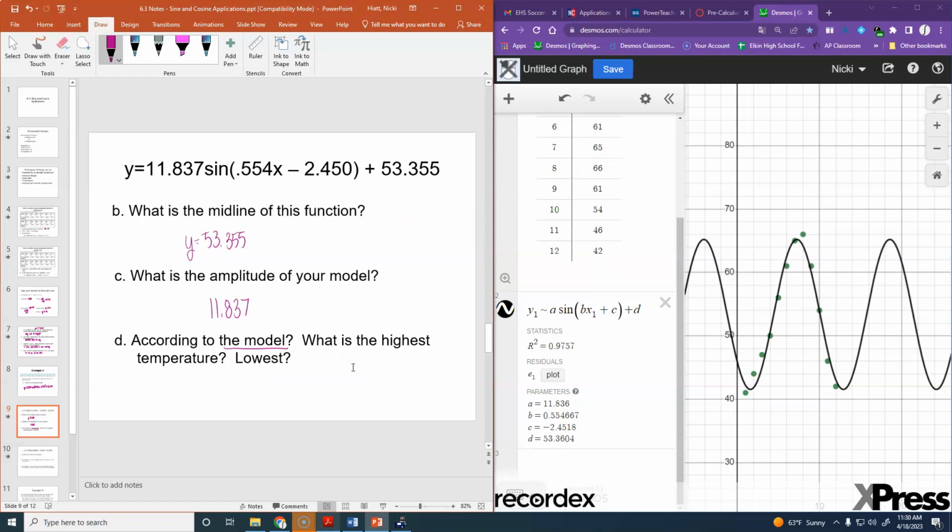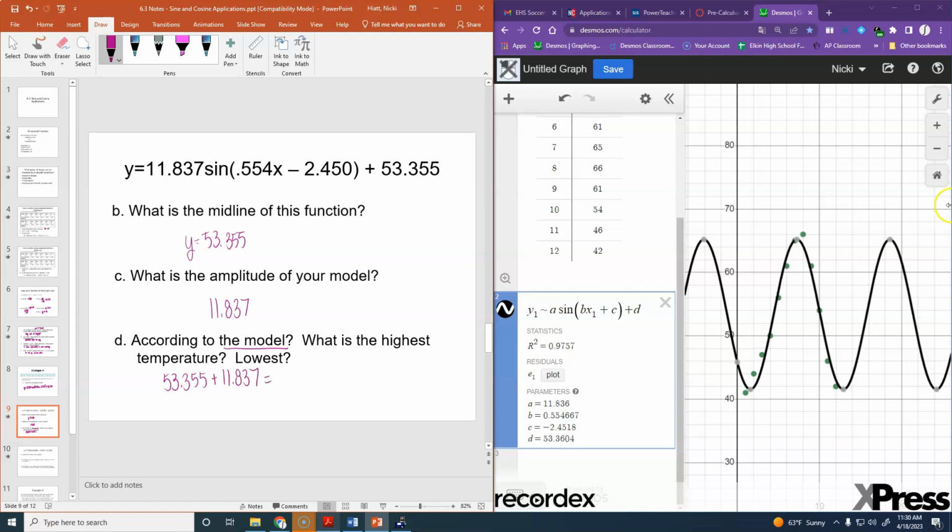You can do this with your graph over here. Your highest would be 65.196. Your lowest would be 41.524. Or, if I know midline and amplitude, to find the highest I could just do 53.355 plus my amplitude, 11.837.